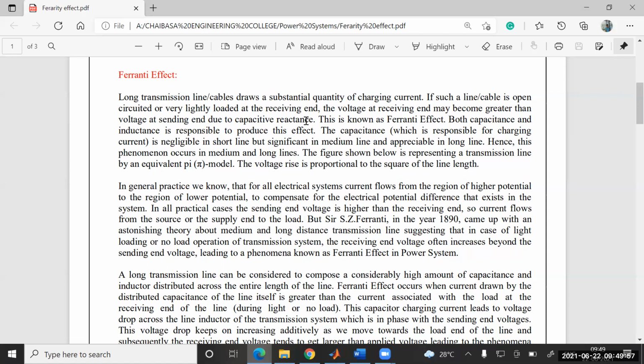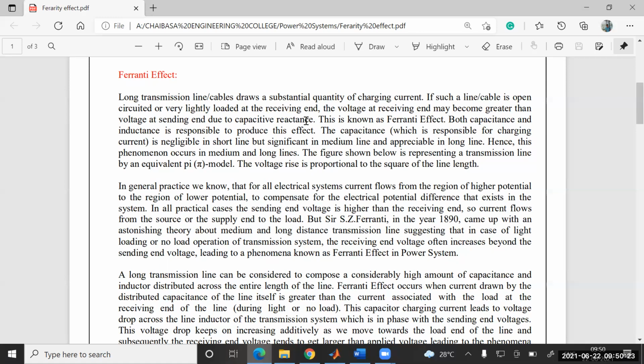If such a line or cable is open circuited or very lightly loaded at the receiving end, the voltage at the receiving end may become greater than the voltage at the sending end due to capacitive reactance. This is the reason, and this is known as the Ferranti effect.